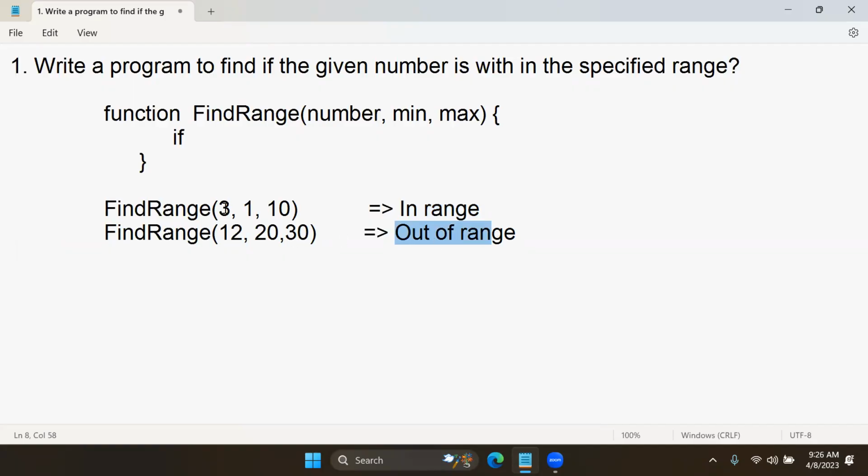That means like this: you entered 3 and you entered range 1 to 10. This indicates it is in range. You entered 12 and you entered range as 20, 30. Is it in range? It is not in range. Then it has to display out of range. How to write a program for this?